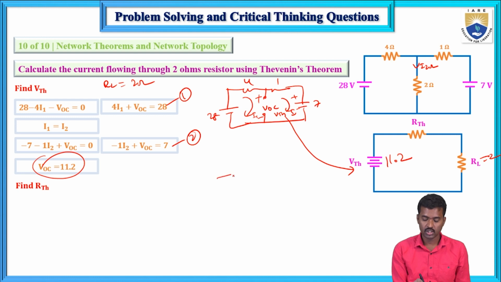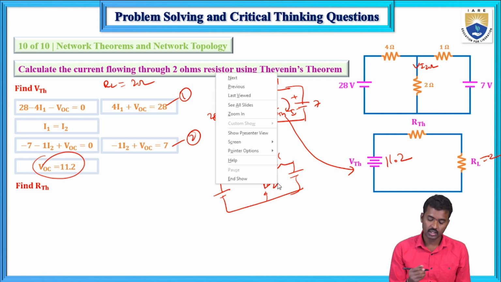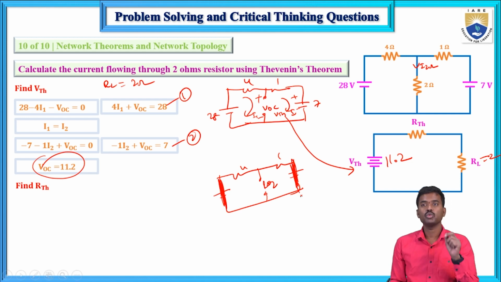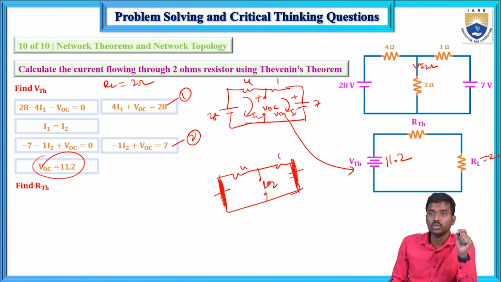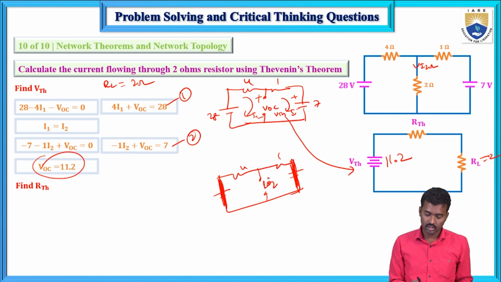Now RTH, same thing. Remove the load resistance from the given circuit. This is the given circuit. All voltage sources must be shorted; this is 2, 4 and 1. Remove the load resistance and calculate the R equivalent, and short the load terminals. Voltage source is replaced by a short circuit, and if there is any current source, it is replaced by an open circuit, and then calculate the R equivalent.